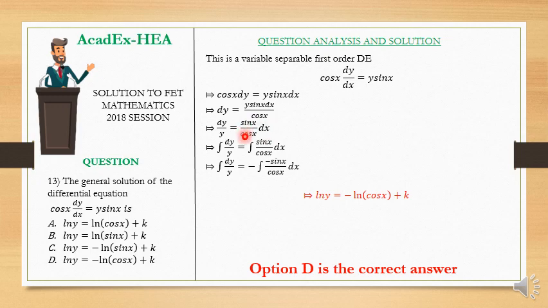Now let's integrate both sides. We integrate here and we integrate here as well. And we're going to have the integral of dy over y equal to the integral of sine x over cos x dx.